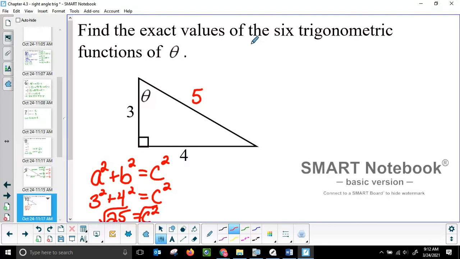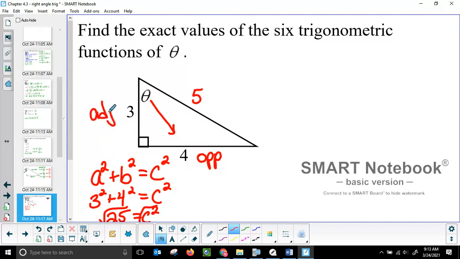But anyway, now we can easily do this. Now, do be mindful, this is my theta. So what is this over here in terms of opposite, adjacent, hypotenuse? Yes, this is opposite because it's across from my angle. What is this one?